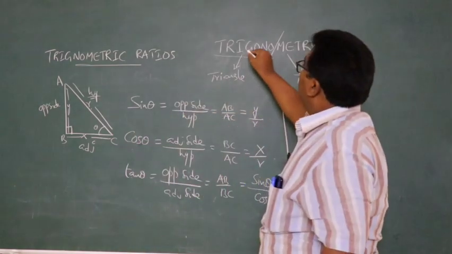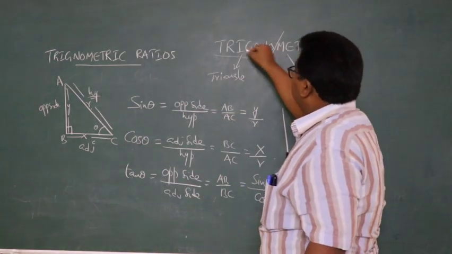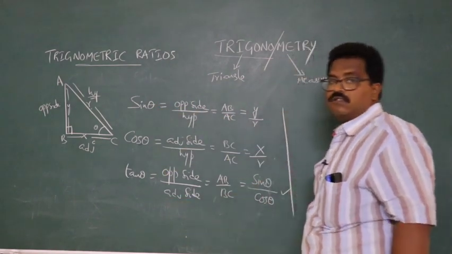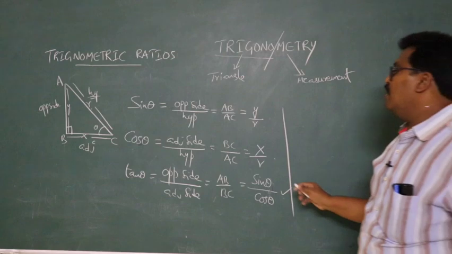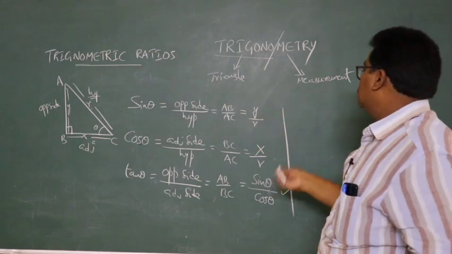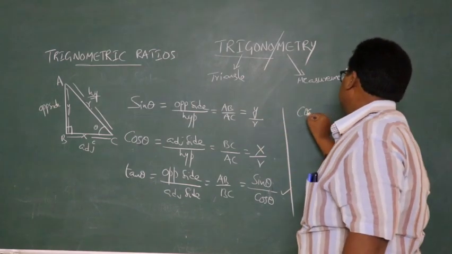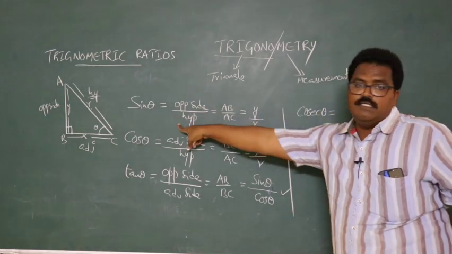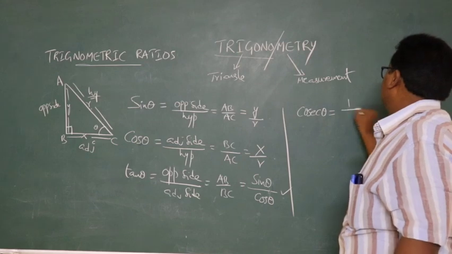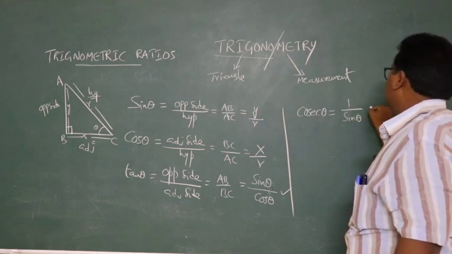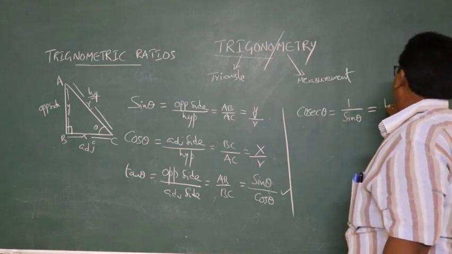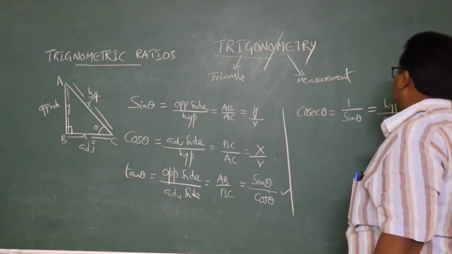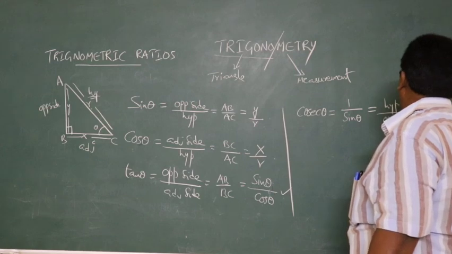Trigonometry means triangle measurement. So these are the basic 3 ratios: sin theta, cos theta and tan theta. Now the reciprocals of these. The next one is cosecant theta, the reciprocal of sin theta, that is 1 by sin theta, so hypotenuse by opposite side, that is r by y.